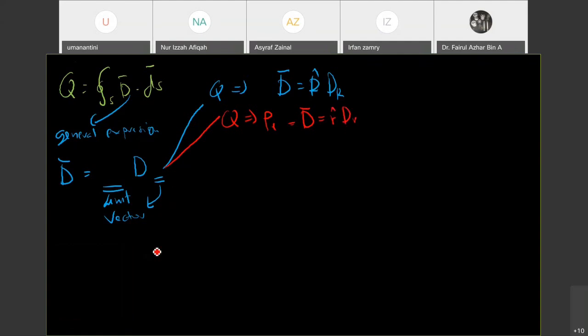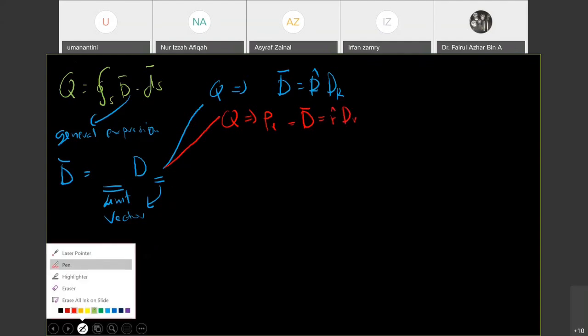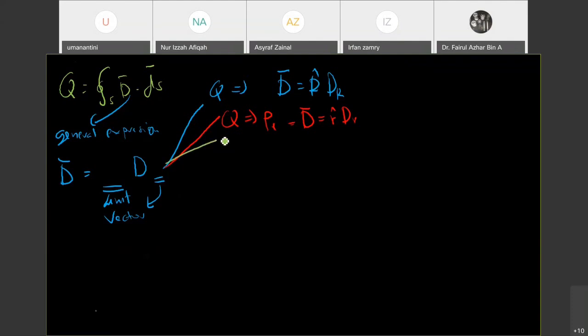Okay, if we have Q in terms of rho S, so this one you need to be really careful lah. So tengok dia punya shape of charge tu dibagi dalam bentuk apa. So let's say if we refer to our midterm test, because the shape of the sheet adalah dalam bentuk cylindrical, then we will have D is equal to R cap D_R.